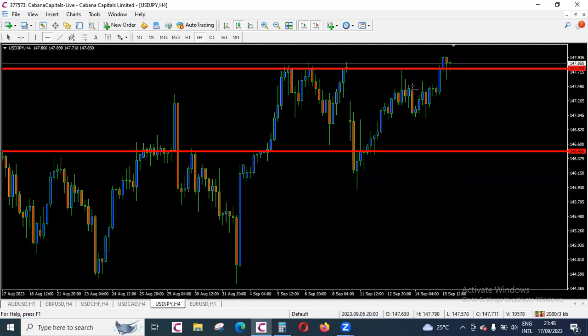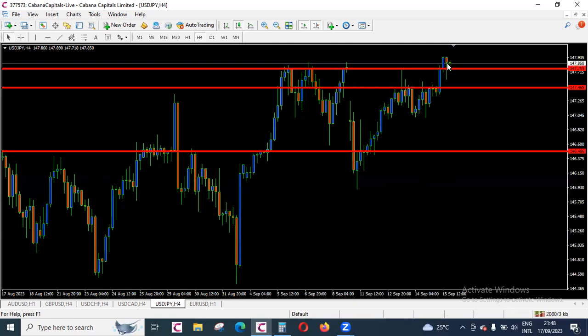We also had a resistance turned support here. And you can see on 4 hour, what do we have here? This is an angry man, which indicates change in trend from bullish to bearish. So if a 4 hour candle closes below this support, you might want to risk selling USDJPY.